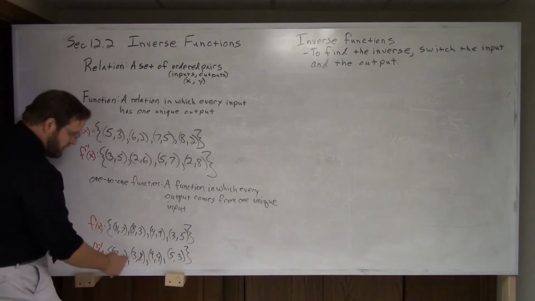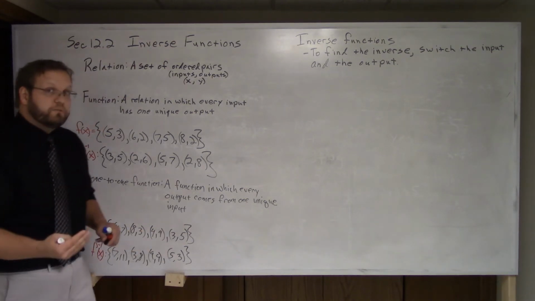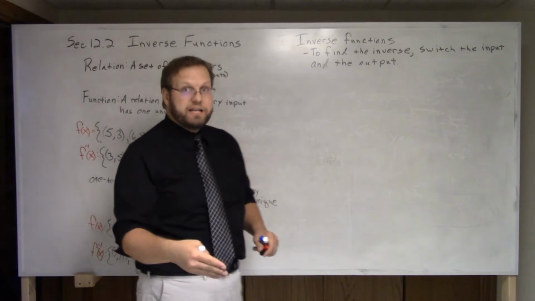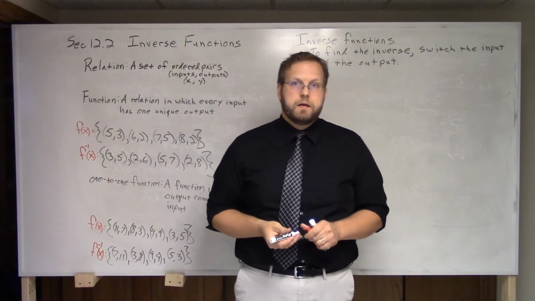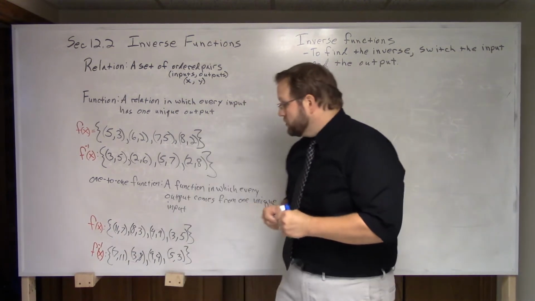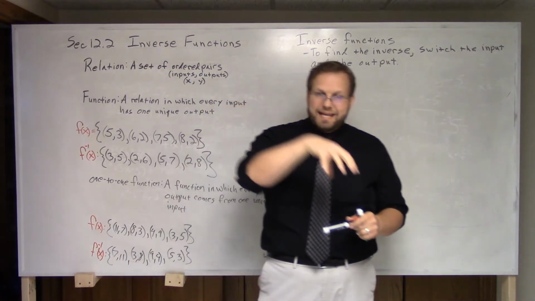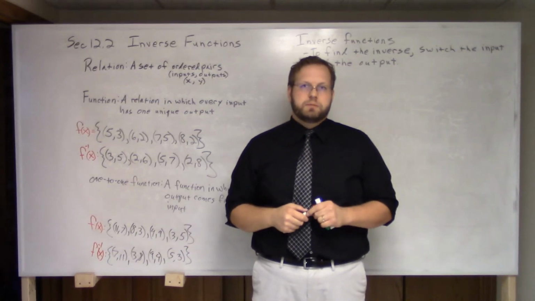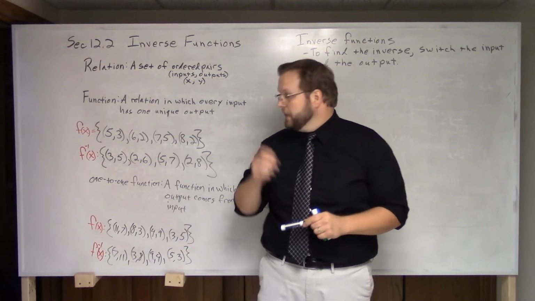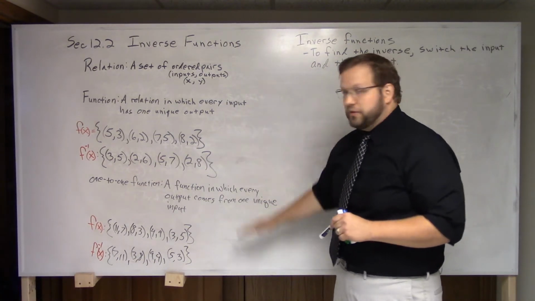Okay? There's no repetition in the x's here, no repetition in the x's here. The original function was a function, and its inverse will also be a function. Okay, so that's why it's important that we have that idea of one-to-one down, because if we're going to look to being able to take an inverse and then get a function, we need that one-to-one to be established first.